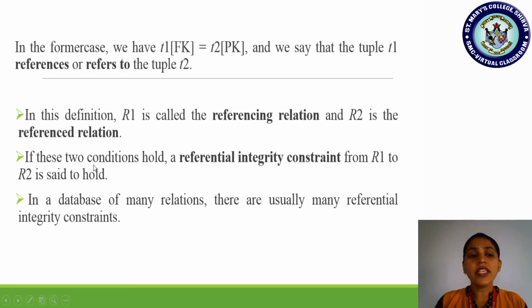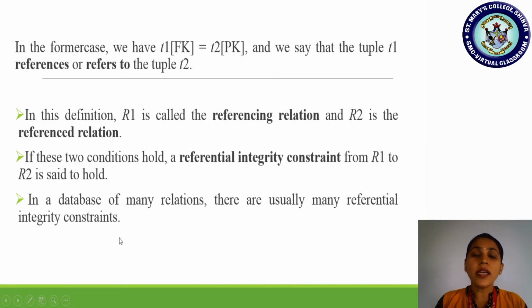If these two conditions hold, a referential integrity constraint from R1 to R2 is said to hold. So if the above conditions are satisfied, then we say the referential integrity constraint holds. Then, in a database of many relations, there are usually many referential integrity constraints.